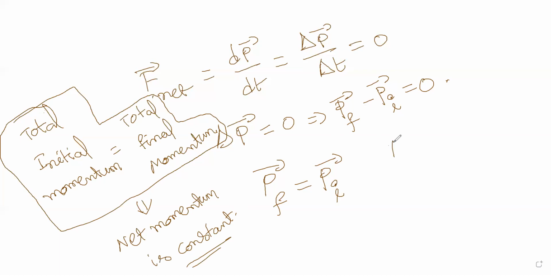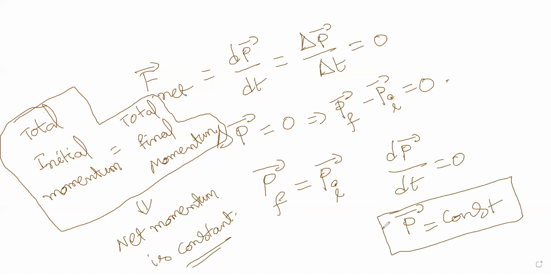So if you say that dP bar by dt is equal to zero, this will give the condition that P bar is constant. So this is condition one. This is condition two. Both the conditions we use. These two conditions coupled together, we will call conservation of momentum. What does this conservation of momentum say?